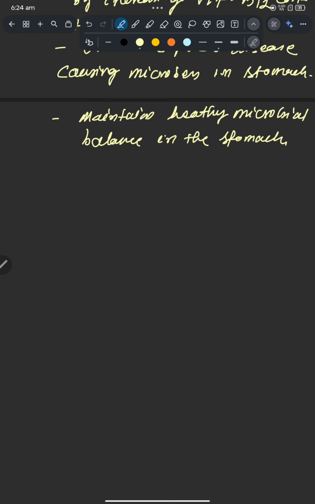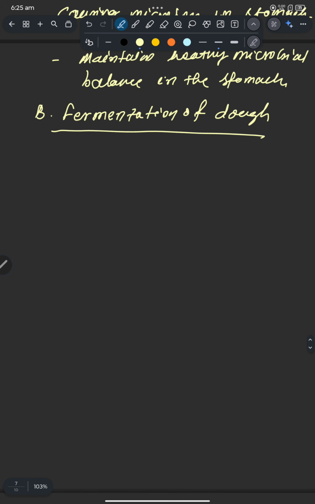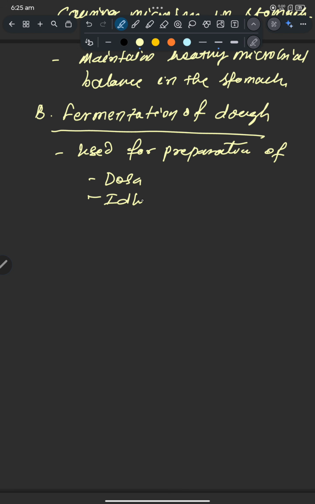Now the next use of microbes is fermentation of dough. Dough, you know, the batter. This dough is used for preparation of dosa and idli.